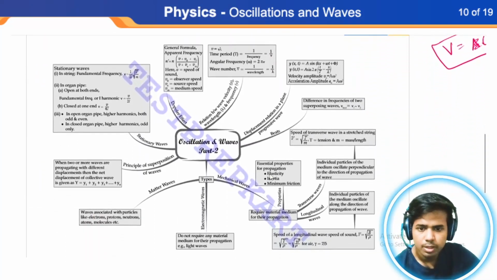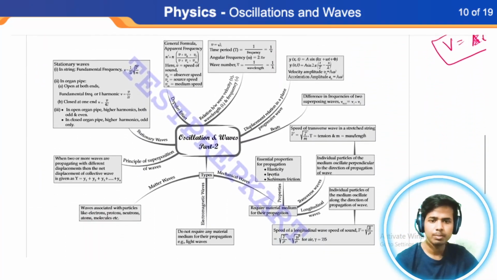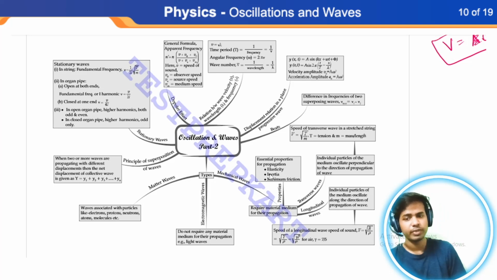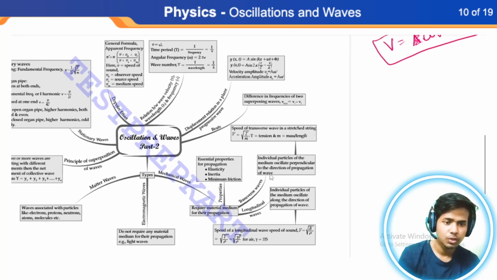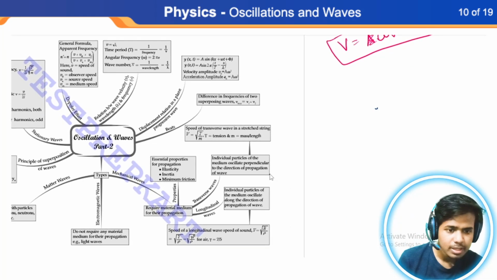Now coming to this part of the mind map, which is more about waves. What are waves actually? First of all, let me go back and talk about this. Let's say there is a particle performing SHM in the vertical direction.